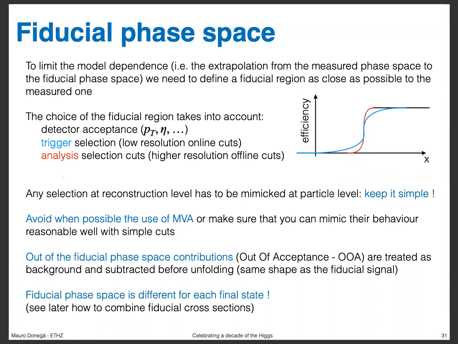Some channels are easier, some channels are harder. So if you compare gamma gamma towards, I don't know, TTHBB, essentially in TTHBB there is no way you can extract a signal without using any MVA, any sorts of DNN or BDTs or whatever you need. If you go in that direction, you are assuming a given model dependence.